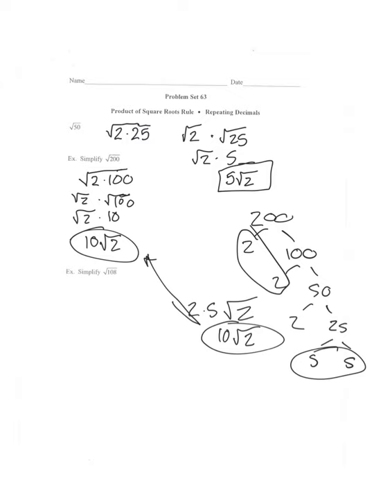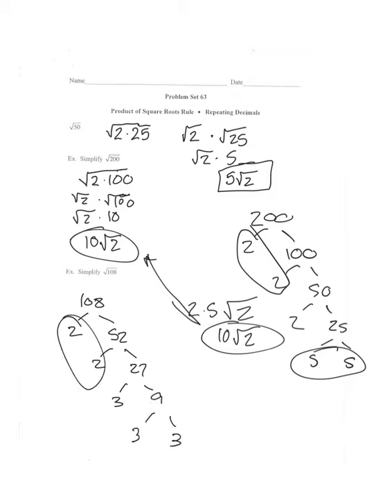All right, so why don't we try that with 108. I'm actually going to do the prime factorization method here, 108. Okay, so we got 2 2s, 2 3s.